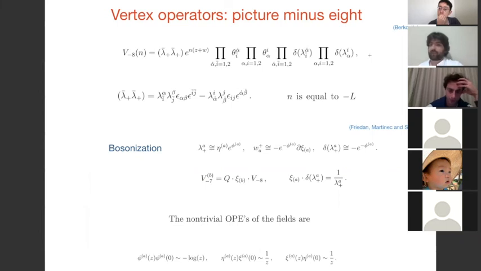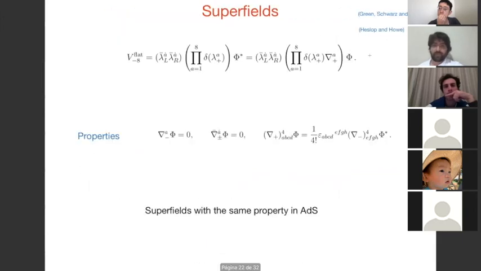This is possible because the algebra of the covariant derivatives is very simple in flat space. But when you have AdS, it's not only changing the thetas by covariant derivatives. You have to do this and add more terms.